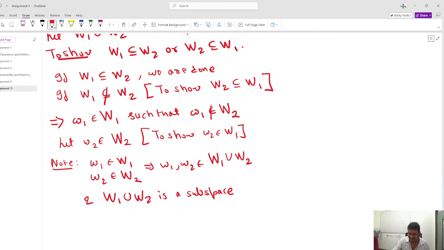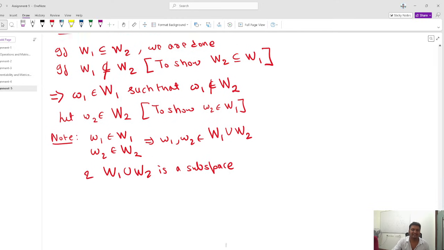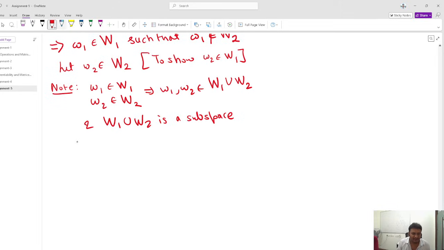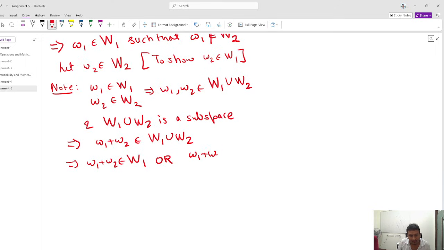See, that's how we proceed like this. It's so fun. So what does this imply? Small w1 plus small w2 belongs to W1 union W2. Why? Because this is a subspace. What does this imply? w1 plus w2 is either in W1 or it is in W2.